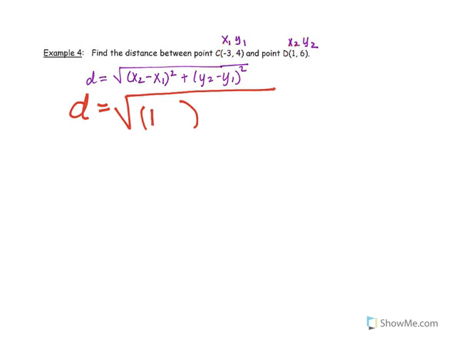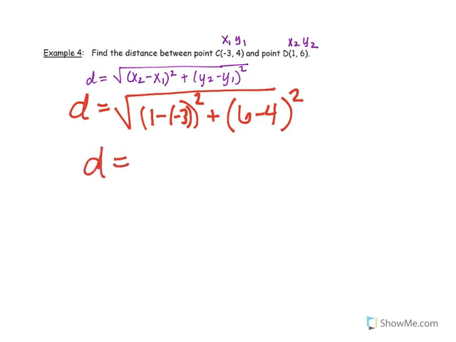So that's going to be 1 minus negative 3, squared. Notice how I put negative 3 in parentheses there. That's very important. I'm going to add that to y2 minus y1, so 6 minus 4, and that's going to get squared. Now we just have to keep track and do order of operations.